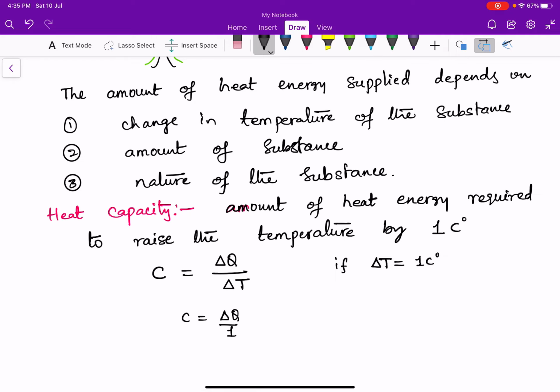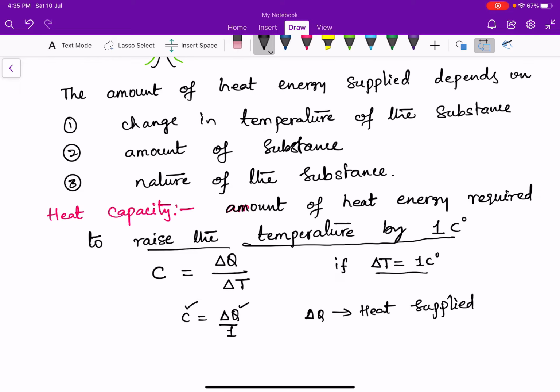That means if delta T is equal to 1, if the change in the temperature is 1 degree Celsius, then heat capacity C is equal to simply delta Q. Delta Q is nothing but heat energy supplied or heat rejected. So simply C is equal to delta Q. Delta Q is nothing but amount of heat energy required to raise the temperature by how much? 1 Celsius degree is called heat capacity.